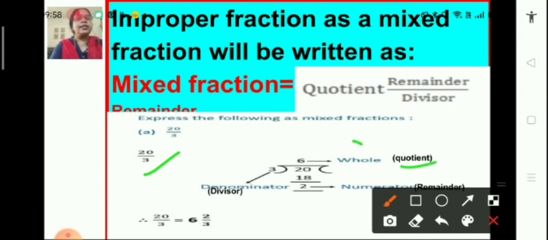So 6 is the whole part of the mixed fraction, and we get 2 as the remainder. 2 becomes the numerator of the mixed fraction and 3 is the divisor, which becomes the denominator of the mixed fraction. So the improper fraction 20/3 can be expressed as mixed fraction 6 2/3.